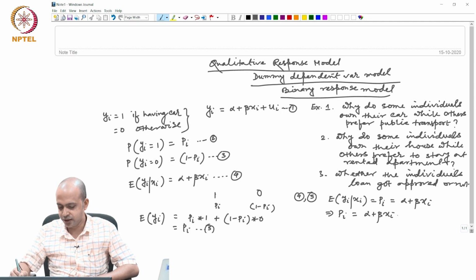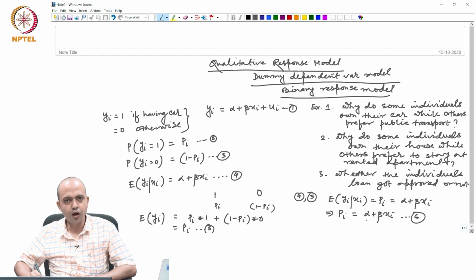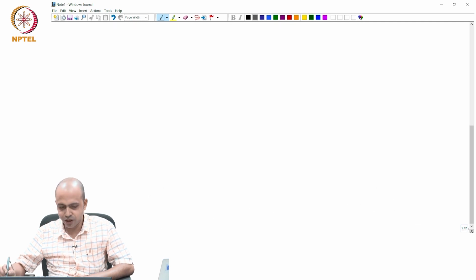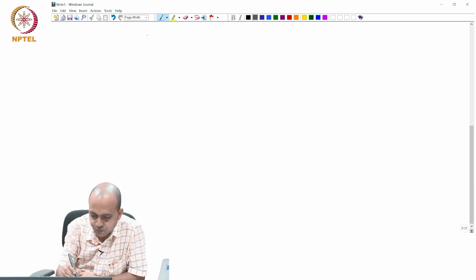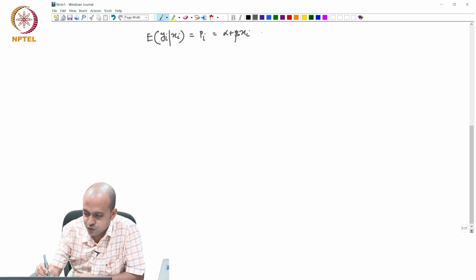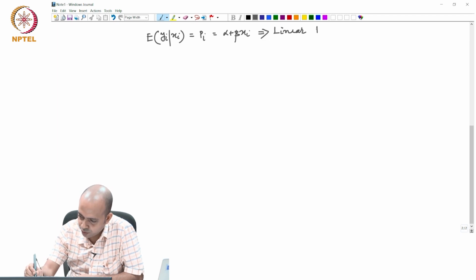This is equation 6. This is a probabilistic model that we have derived. When I say expectation of yi given xi equals pi equals alpha plus beta xi, this model is known as the linear probability model.